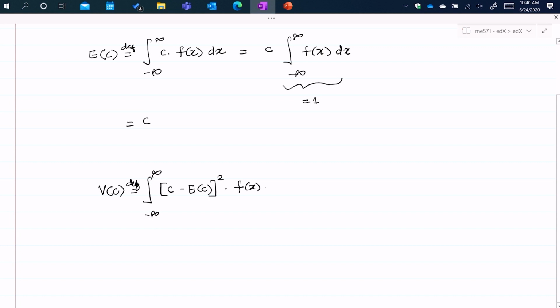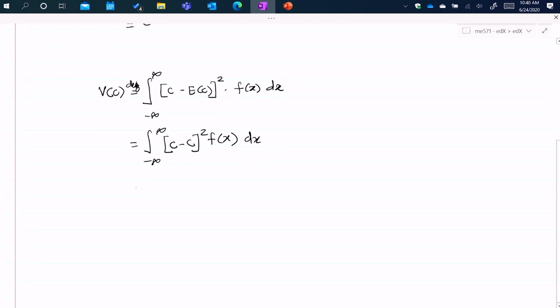If we substitute, this is the integral from minus infinity to plus infinity of (c minus c) whole squared f of x dx, and that's equal to 0, because the expected value of c is c.